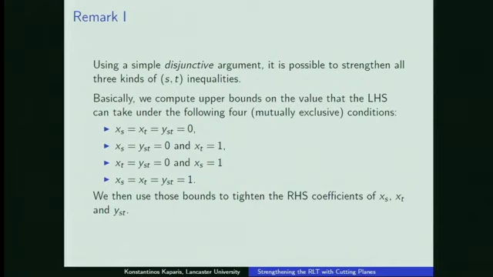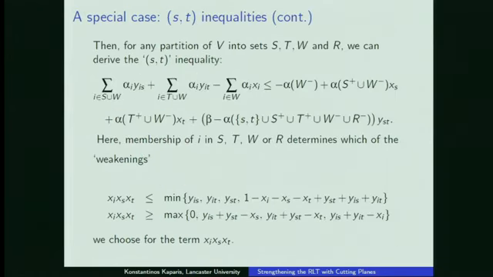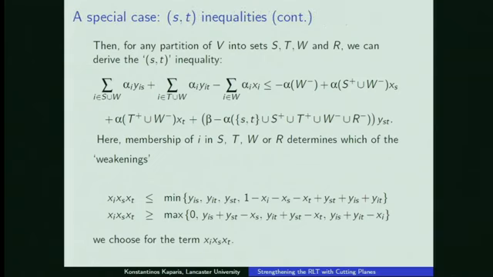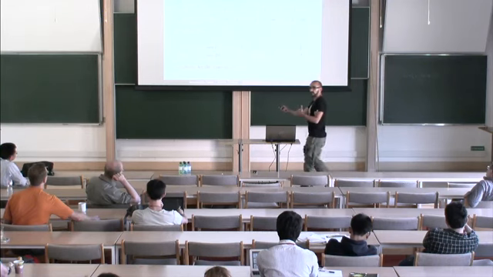I won't give the full details, but what we are doing is that we take all the different combinations of values that xs, xt, and yst can take. In that way, we are able to bound the left-hand side of the inequality, and then we can strengthen its right-hand side using these bounds.